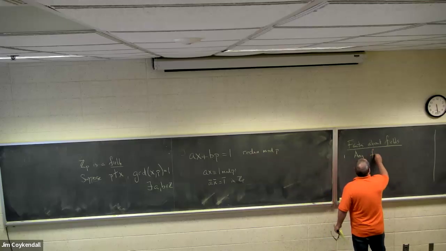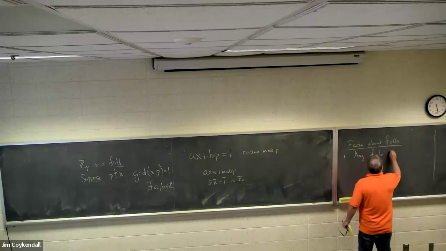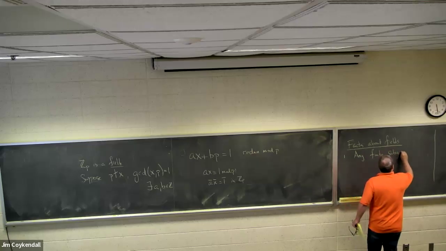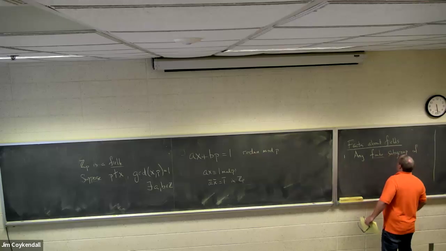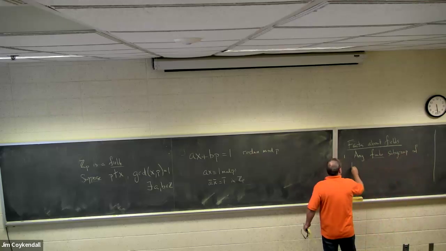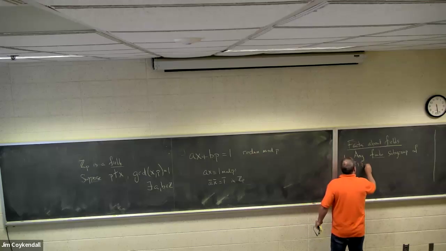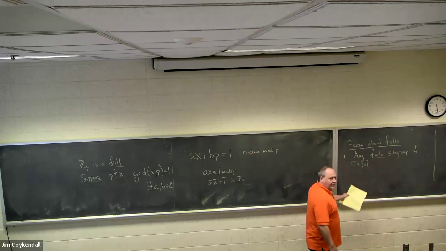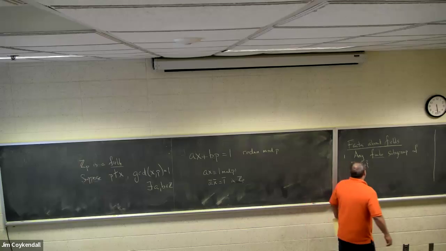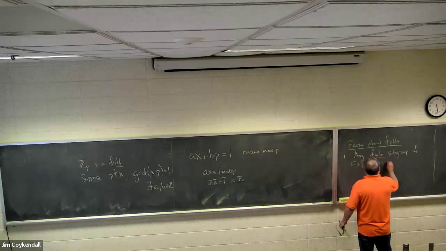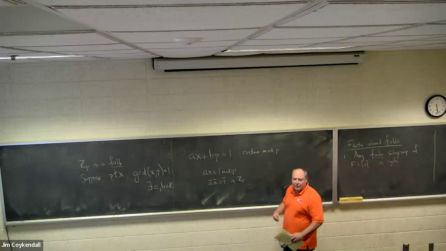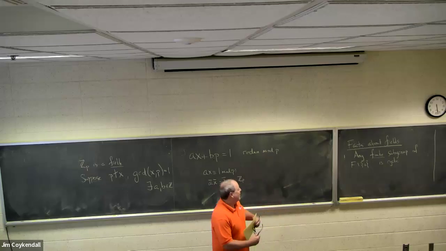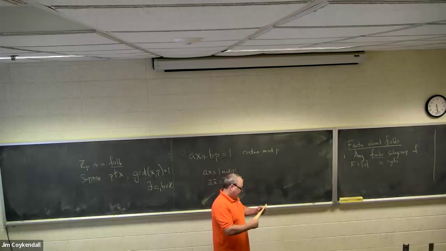Any finite subgroup of the non-zero elements, that are all invertible, is cyclic. So everything in there, a big enough power of it goes to one, and it's generated by a single element.